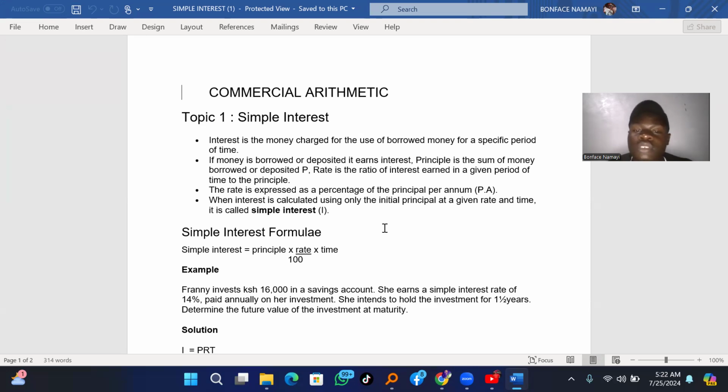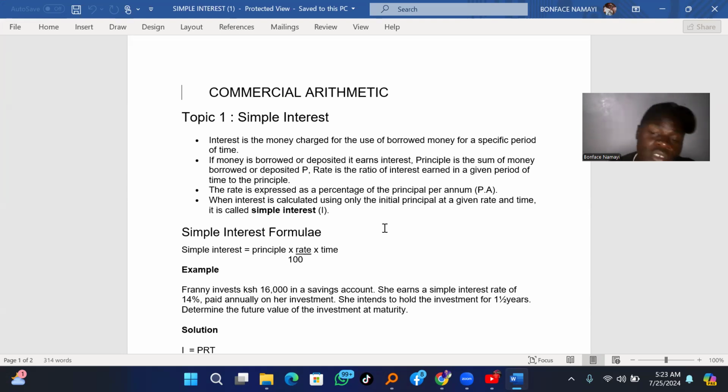The rate is expressed as a percentage of the principal per annum. When interest is calculated using only the initial principal at the given rate and time, it is called simple interest. The simple interest formula, as I said earlier, is principal times rate times time.